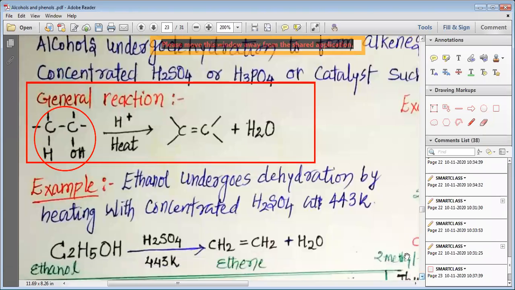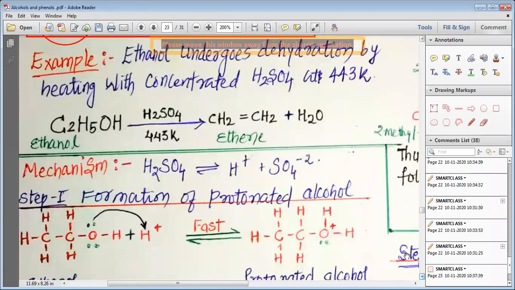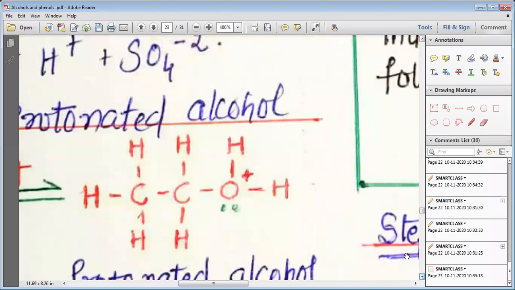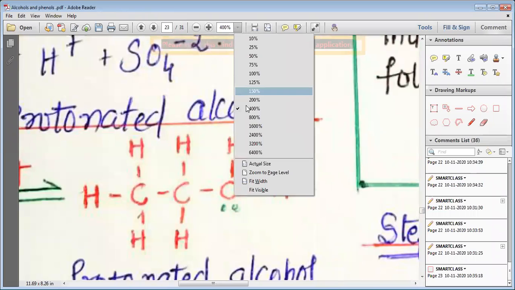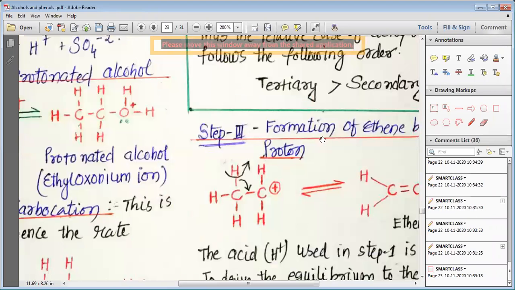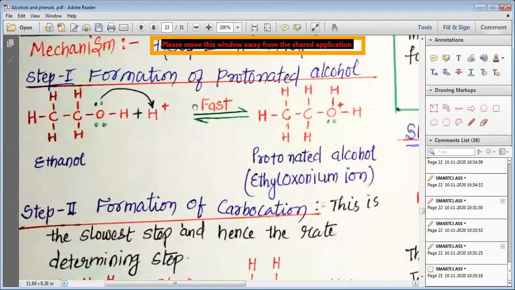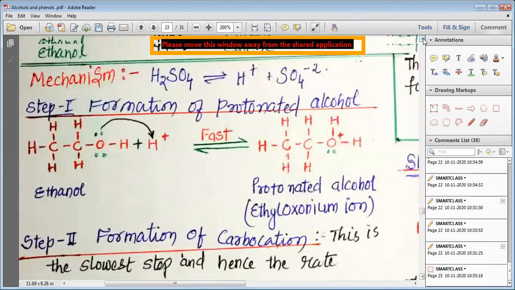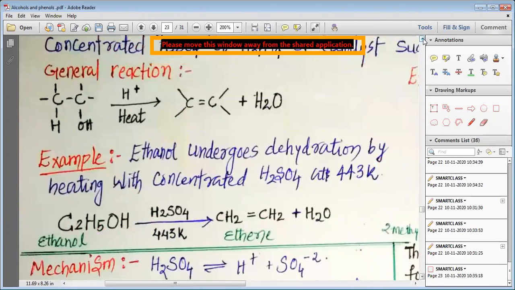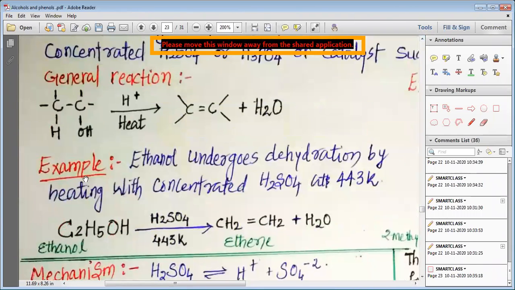Let us study this with an example. Let's look at an example of dehydration, my dear students. The first example that we should study is very easy: ethanol, C2H5OH, undergoes dehydration.